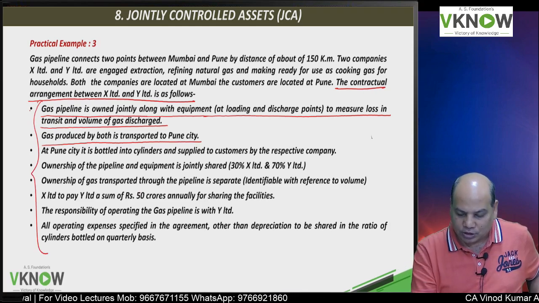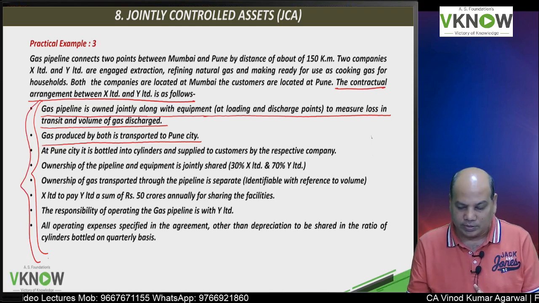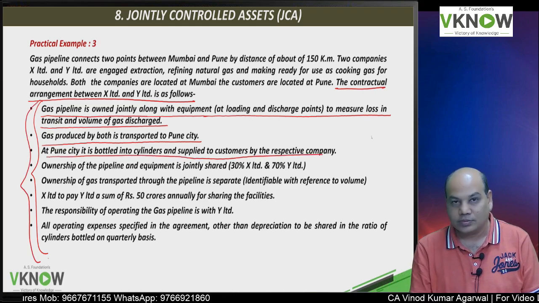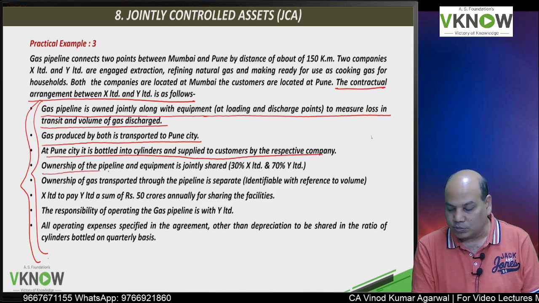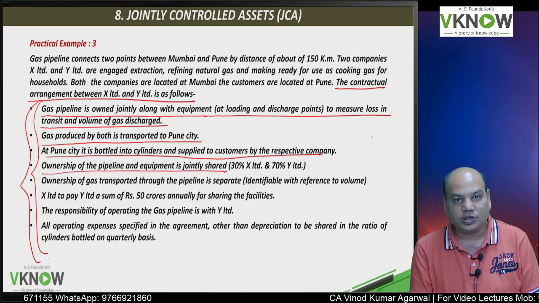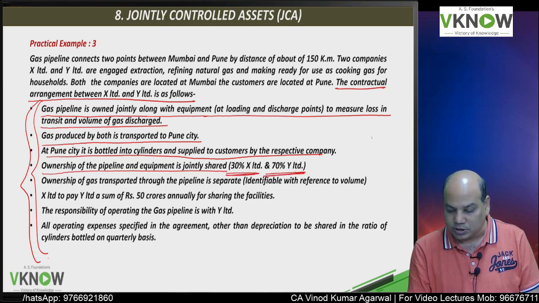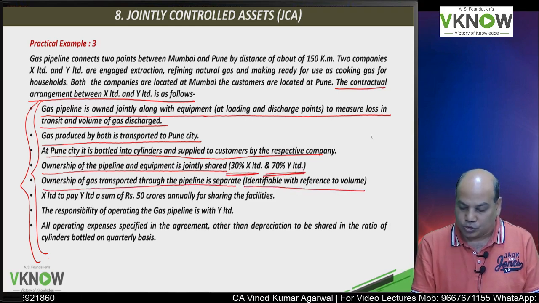In the exam they are not going to ask you all these details of the agreement. At Pune city it is bottled into cylinders and supplied to customers by the respective company. Ownership of the pipeline and equipment is jointly shared: X owns 30%, Y owns 70%. Ownership of gas transported through the pipeline is separate, identifiable with reference to volume.